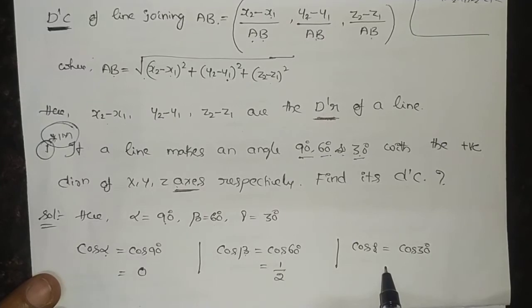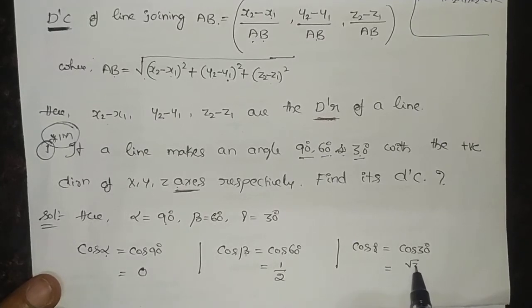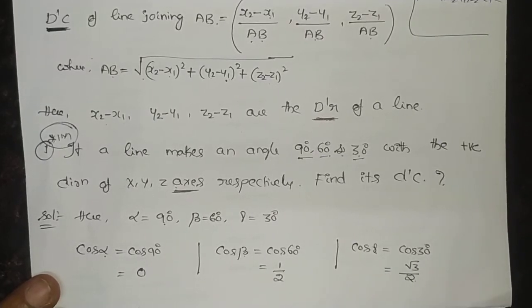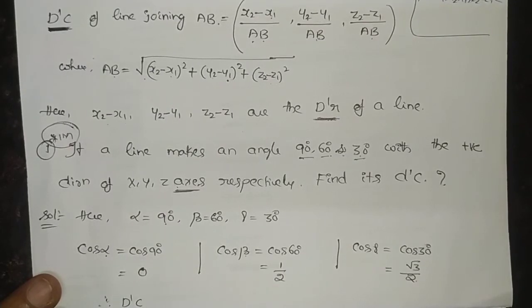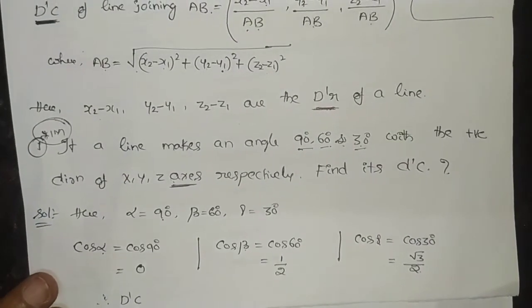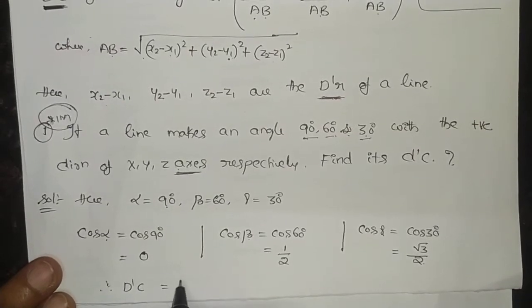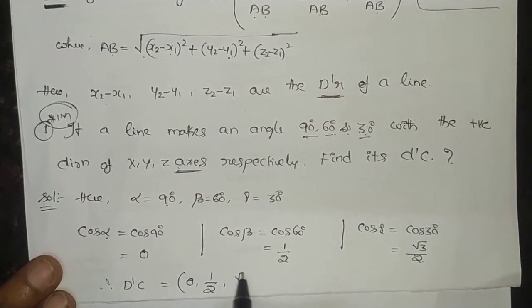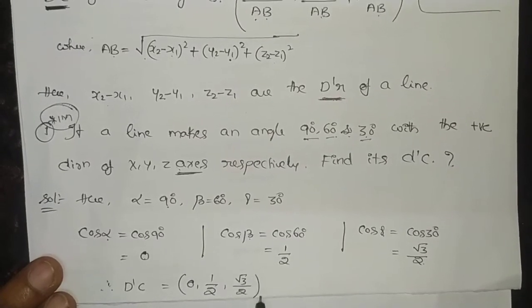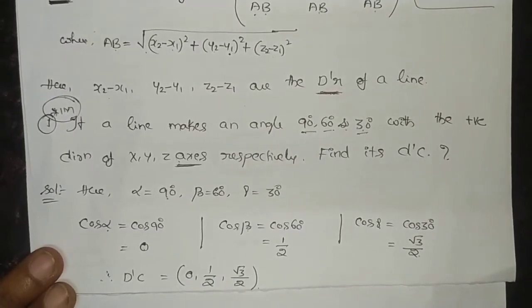Cos 30 degrees is root 3 divided by 2. Hence, the direction cosines are 0, 1 by 2, root 3 by 2. These are the direction cosines.